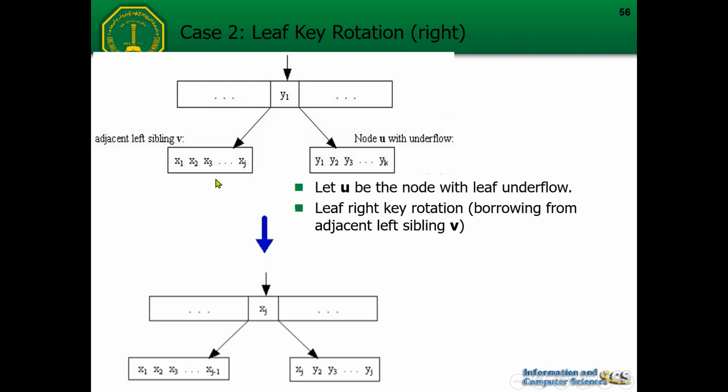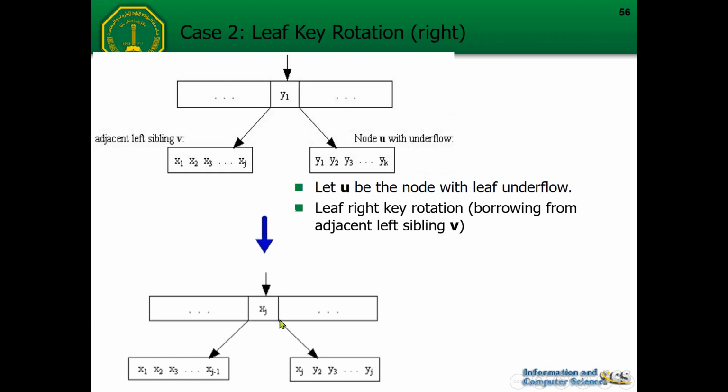Because again in the B+ tree the keys in the leaf node are sorted ascendingly, when we borrow a key from the left sibling, we need to take the largest value, which is the rightmost key in the left sibling. We take this value and put it into the leftmost position.